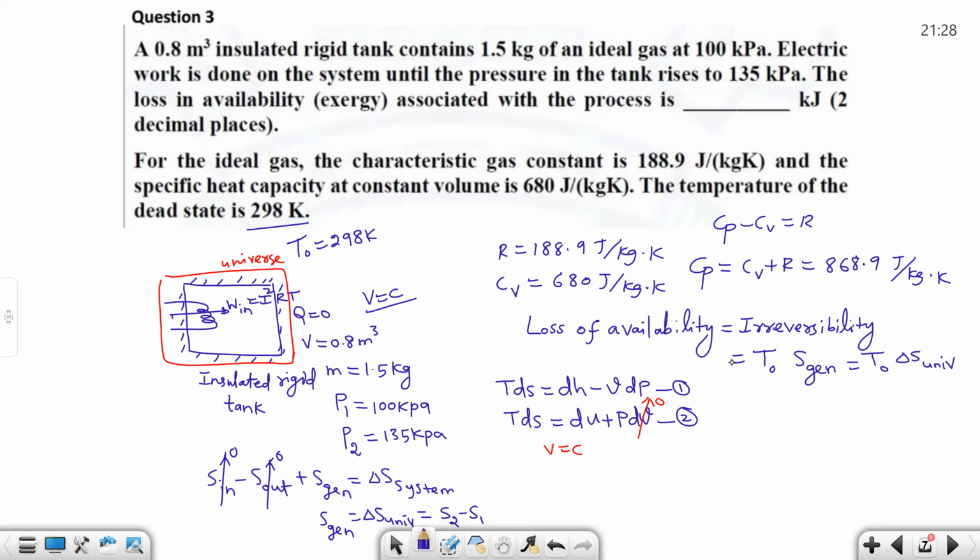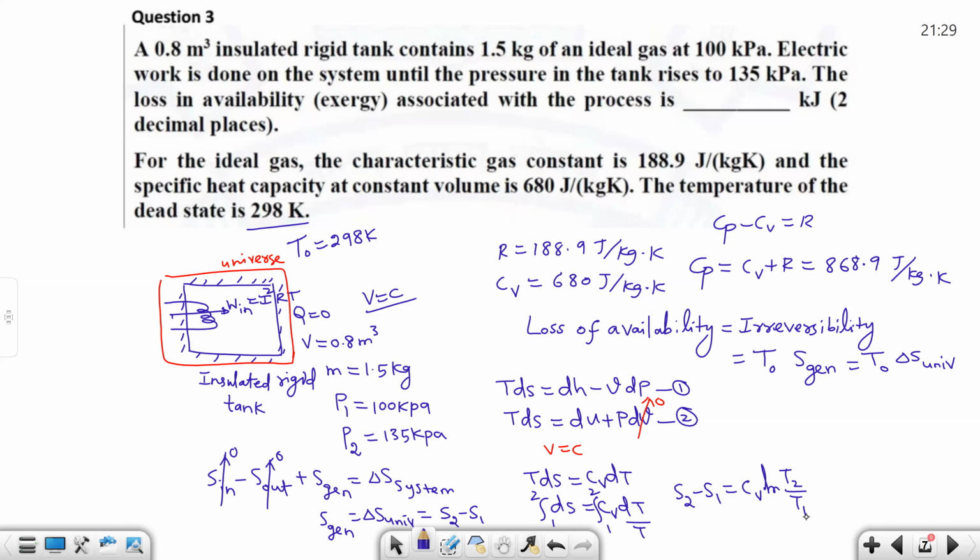You get TDS equal to du, which is CV dt. So ds equals CV dt by T. S2 minus S1, if you integrate from 1 to 2, is CV ln T2 by T1.